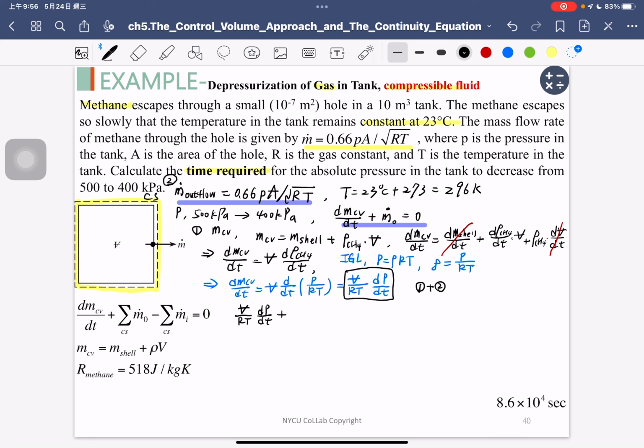The n rate out is 0.66 times the pressure times the area, divided by the root of RT, and this will equal 0.